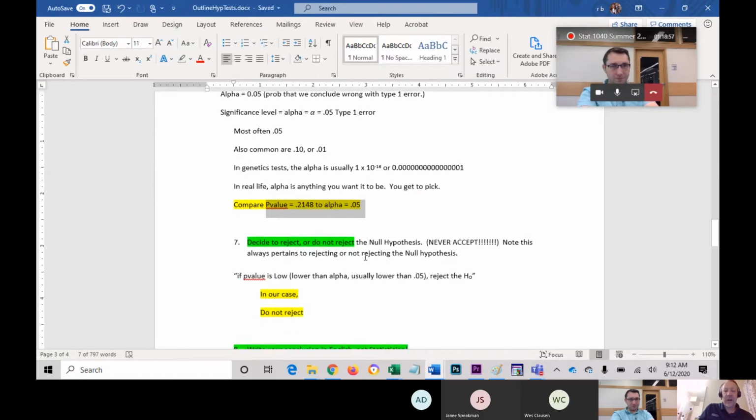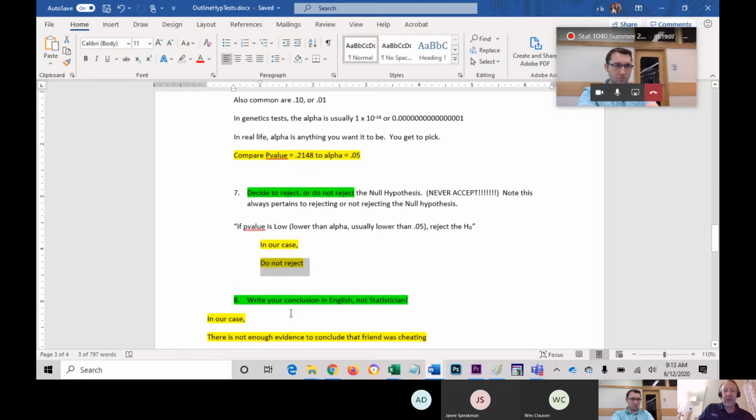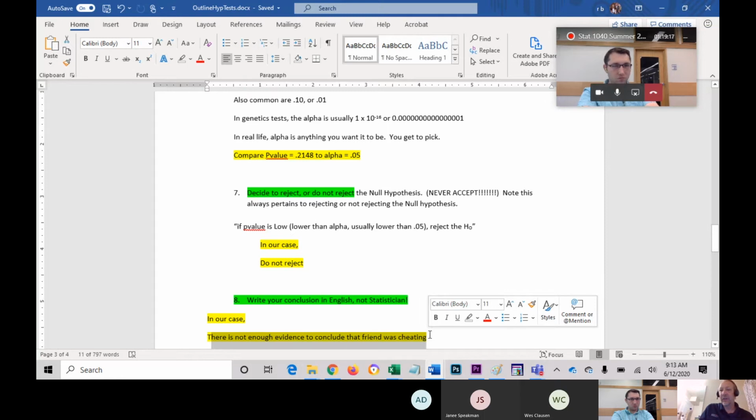No. So therefore, we do not reject the null. And we need to write our conclusion in English. There is not enough evidence to conclude that the friend was cheating or that the coin is unfair.